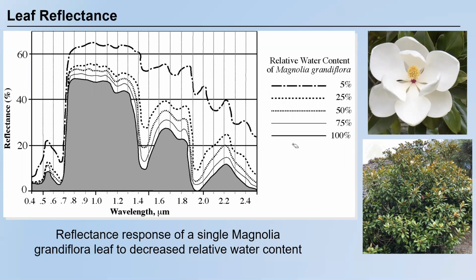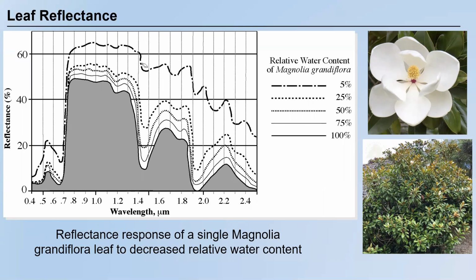Talking about the importance of water, let's see some comparison here. So, the relative water content of Magnolia grandiflora. It's a very commonly seen vegetation in North America, not very common back in Asia, I'm not sure, but let's just say.